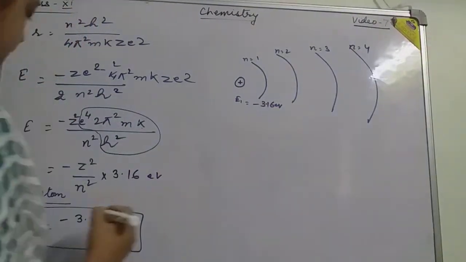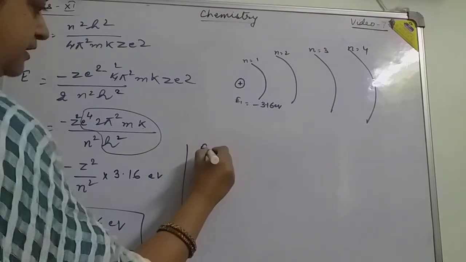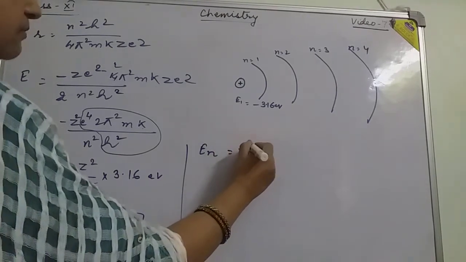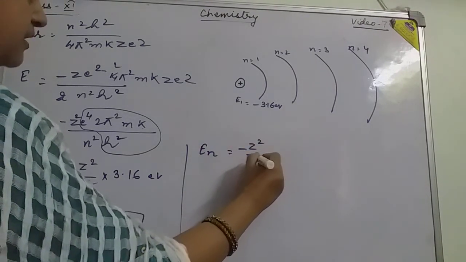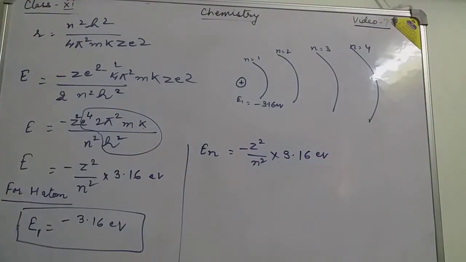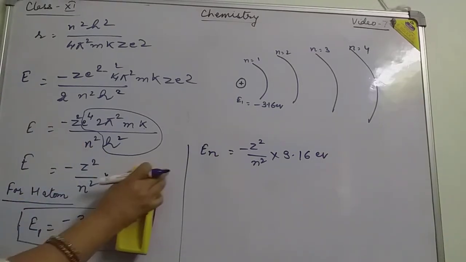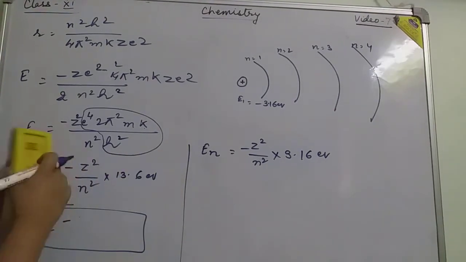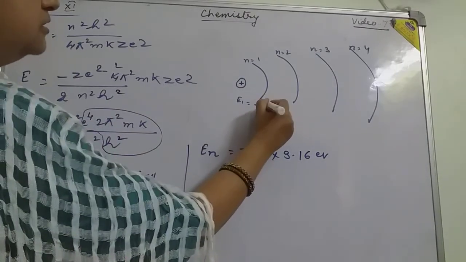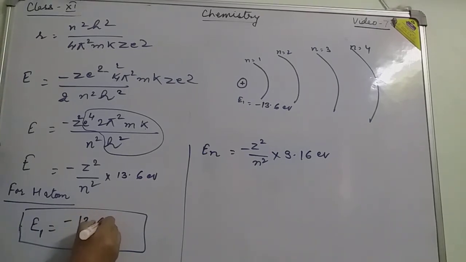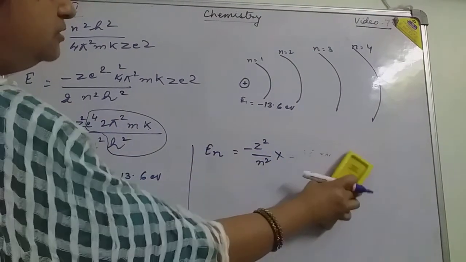And En for this equation becomes En equal to minus Z square by n square into 13.6 electron volt.